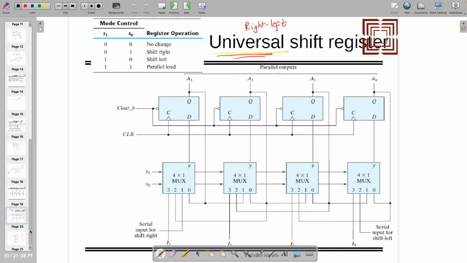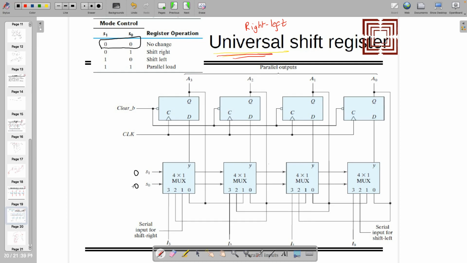So here there are 2 selection lines, S1 S0, same here, same here, and same here. That is how it has been drawn. The same S1 and S0 are simultaneously connected to all the 4 cross 1 muxes. Now depending on the following, let's assume that we are giving 0 0.